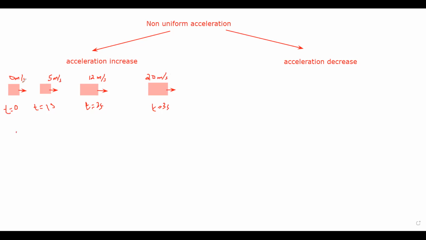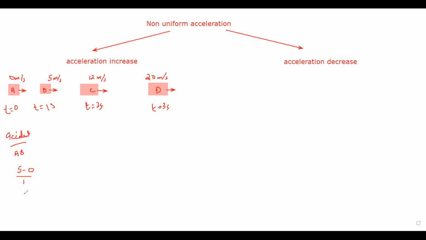So when we calculate acceleration, because acceleration is a change in velocity divided by time interval, let us calculate the acceleration of the object from position A to position B. The change in velocity is 5 minus 0 divided by the time interval, which is 1.